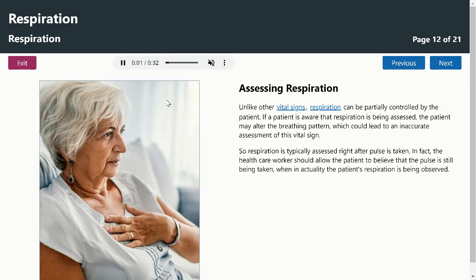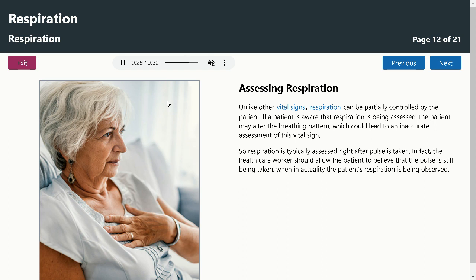Assessing respiration. All right, so when you assess somebody's respiration, unlike other vital signs, respiration can be partially controlled by the patient. If a patient is aware that respiration is being assessed, the patient may alter their breathing pattern, which could lead to an inaccurate assessment of this vital sign. So if I'm taking your respirations and you know that I'm taking your respirations, you can change your breathing pattern.